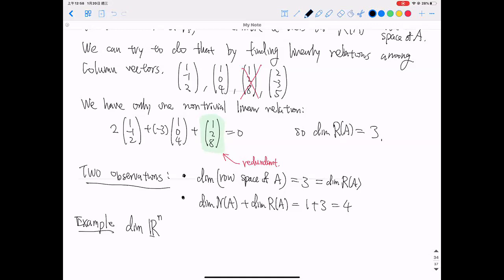Therefore, it has its dimension. That dimension is n, because you have the unit vectors forming a basis. And the unit vectors number n. Okay. All right, so that's the end of this lecture.